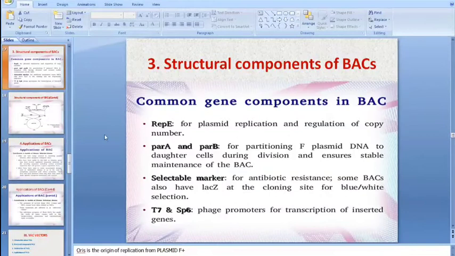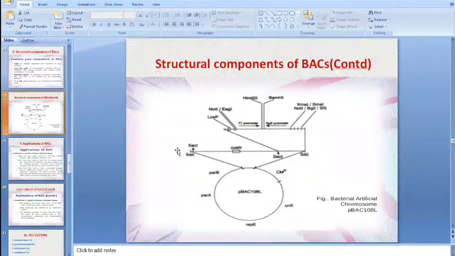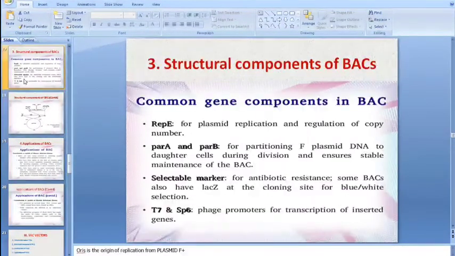And there is another part which is called the selectable marker. These selectable markers are nothing but antibiotic resistance sites. Some BACs may also have the lacZ gene in addition to selectable markers.